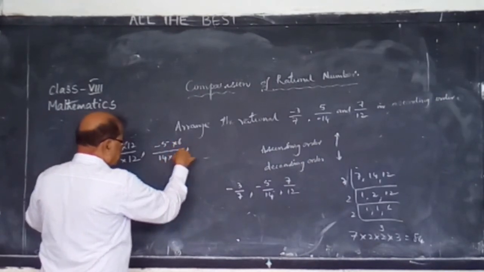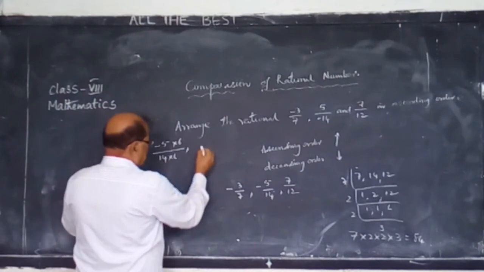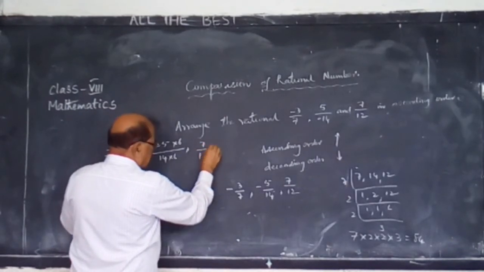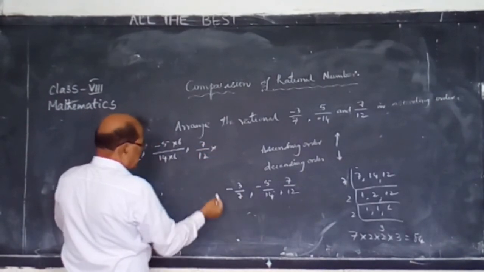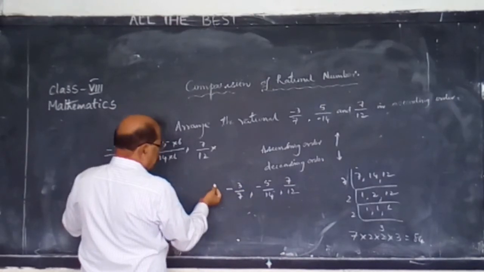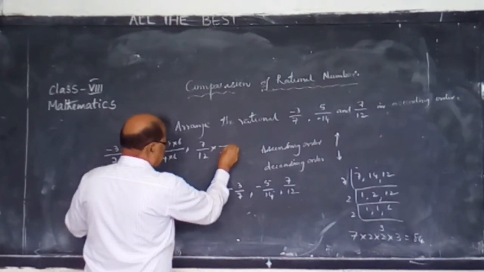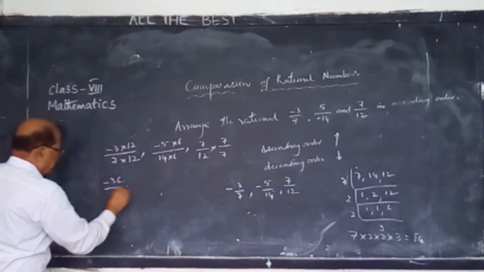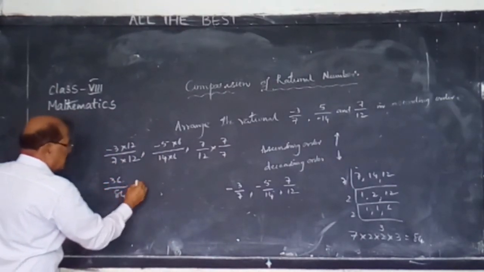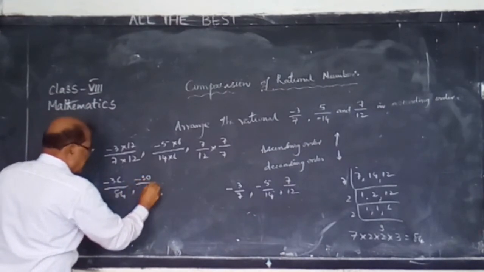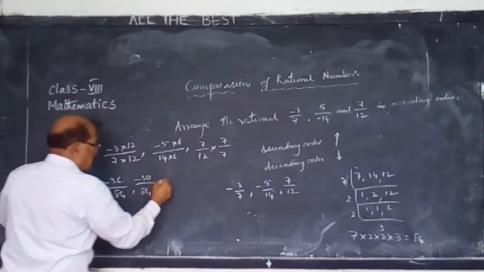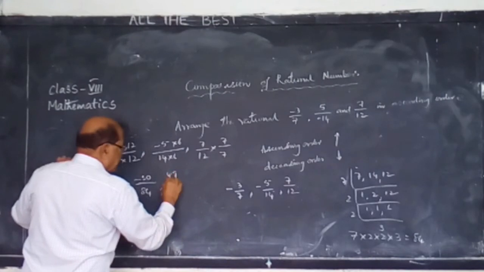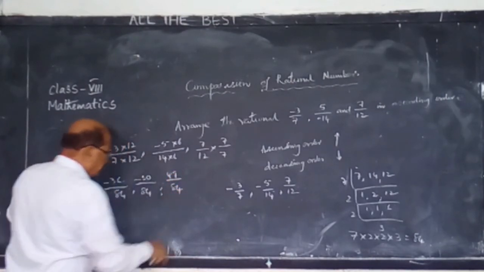Again multiply the numerator also by 6. So 7 by 12, 84. 12 7s are 84. So 7, here also 7. Now simplify. Minus 36 by 84, comma, minus 30 by 84, comma, 49 by 84.